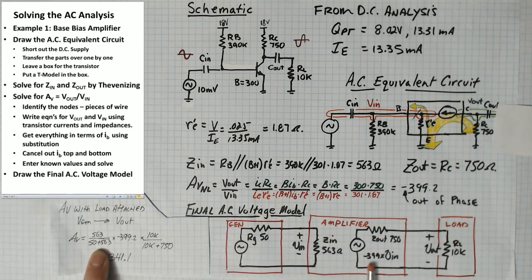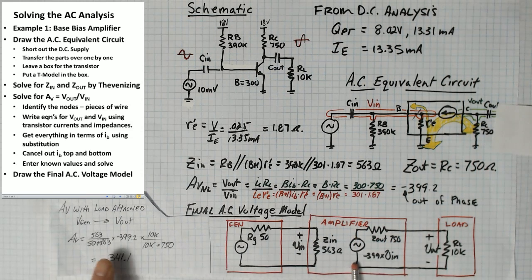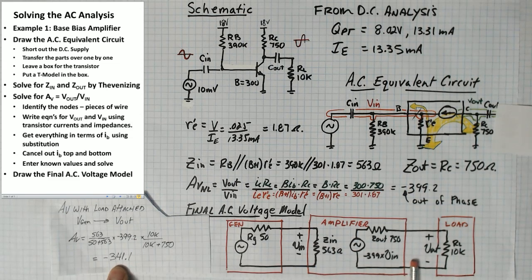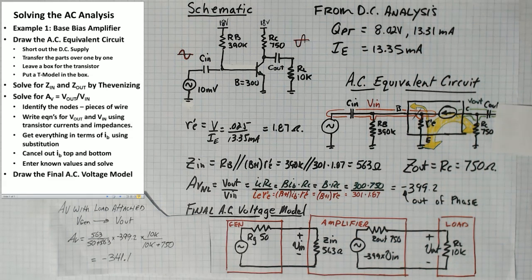That would get multiplied 400 times. That's the voltage that would appear across the terminals of the dependent source. And then the voltage that appears across here would get voltage divided down to a slightly less voltage, which would appear on V out. So whatever the voltage is here, we need to multiply it by the voltage divider to find the final V out. So if I applied 1 volt here, I would get minus 341 volts here. So the gain from this point to this point is minus 341.